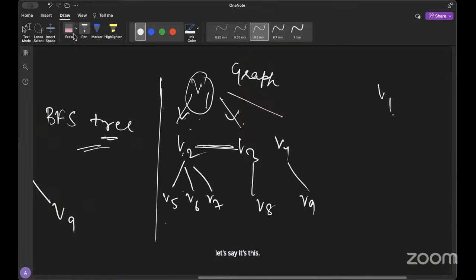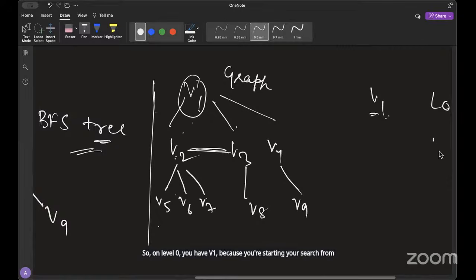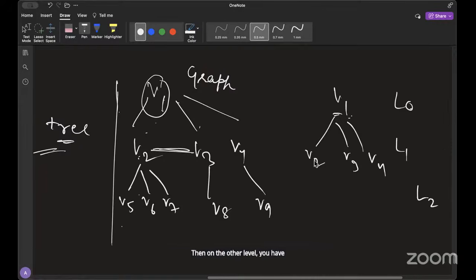Or if it's undirected, then it's even easier because you can go from V1 to V2. So on level 0, you have V1 because you're starting your search from V1. On level 1, you have all the ones that are directly connected to V1, that is V2, V3, V4. Then on the next level, you have the ones that are directly connected to V2, which is V5, V6. So if this is your graph, this is the BFS tree, right?